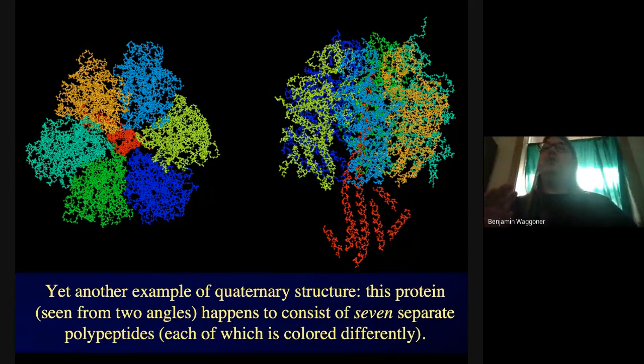The reason anybody would actually care about learning this stuff is, remember that protein shape is absolutely critical for protein function. Protein shape determines what the protein can and can't do. Your life depends on the fact that cells in your body can make thousands of different proteins, each of which is able to do something.